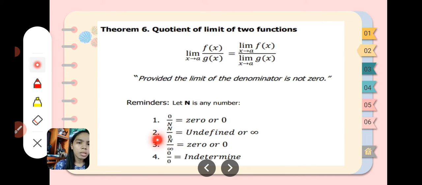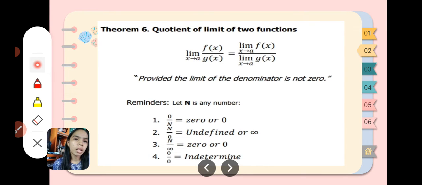And then second, when n is over 0, it is undefined or infinity. And the third is n over infinity, the answer will be 0. And the fourth one, 0 over 0 is indeterminate. So this is a reminder for the quotient of the limits of two functions when we come up with an answer of 0 or infinity.